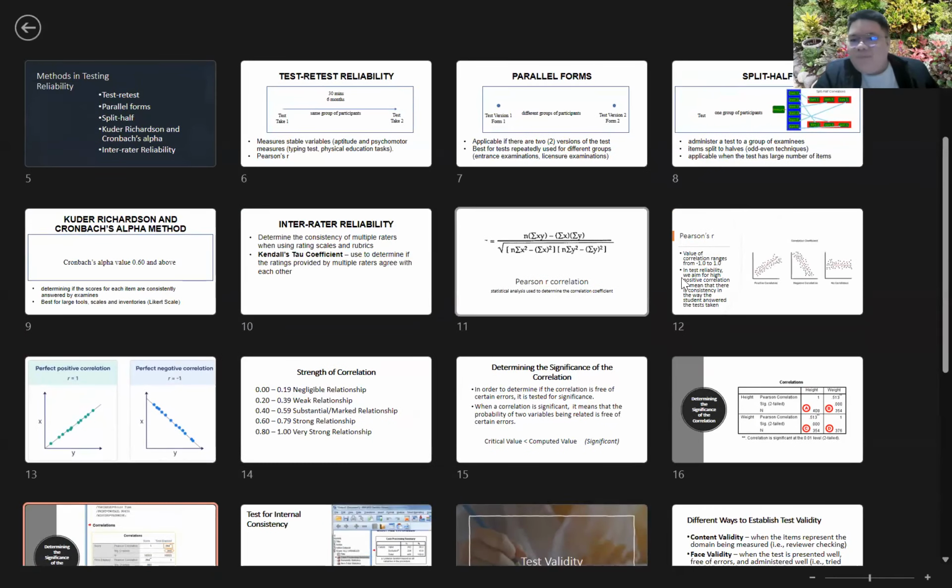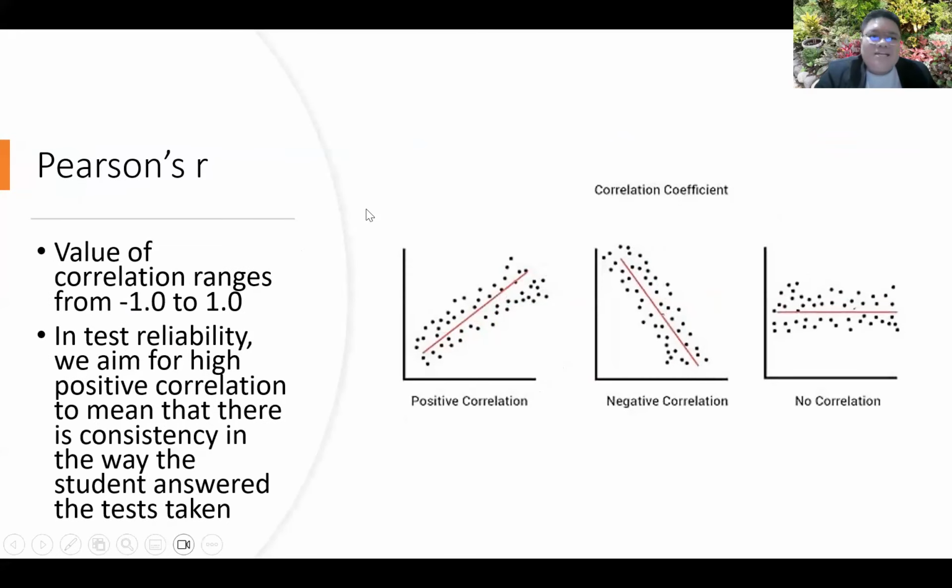But since we are talking about assessment in learning, class, what we are after is that there should be a positive correlation between our test-retest. So ibig sabihin class, dalawang scores yung titingnan ko. Yung scores sa test at saka yung scores sa retest. Once I run the statistical analysis for these scores, dapat positive yung relationship nila.